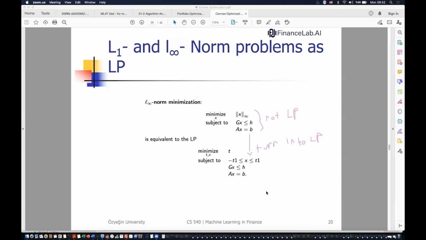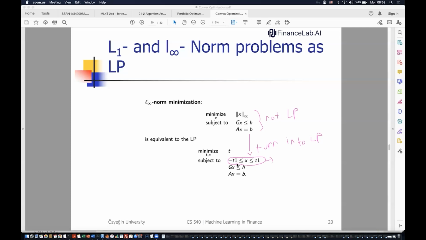Instead of minimizing the infinity norm of the variable x, we are minimizing a variable called t. Since this is the maximum absolute value, we are adding this constraint. This constraint makes sure that the t we get is, in terms of absolute value, the maximum.